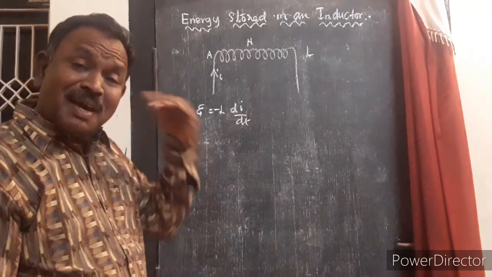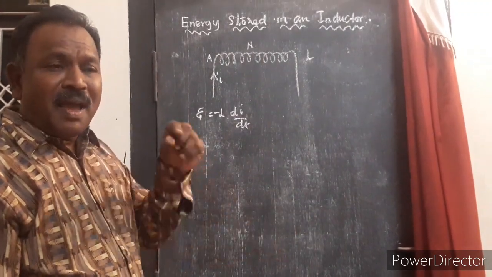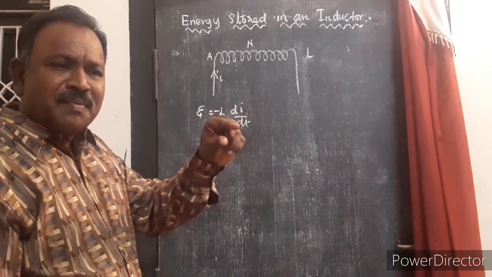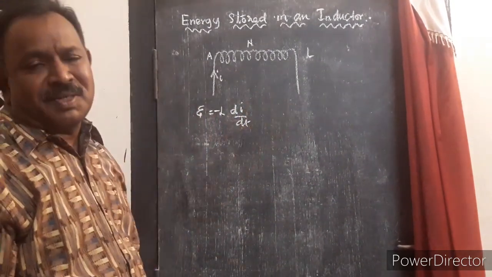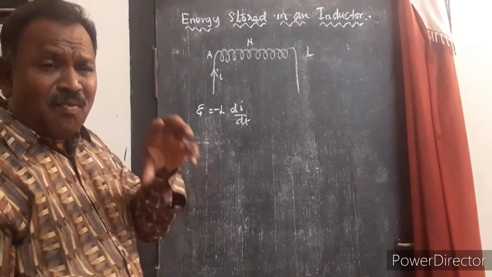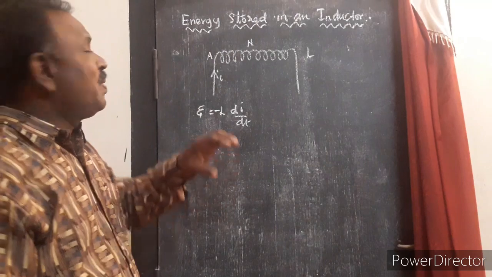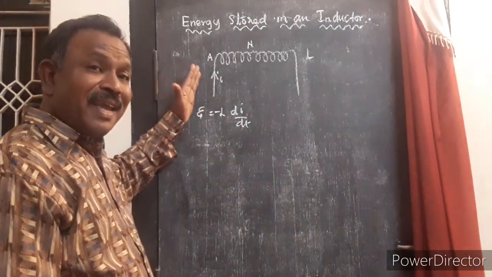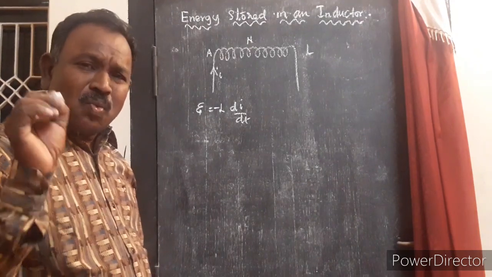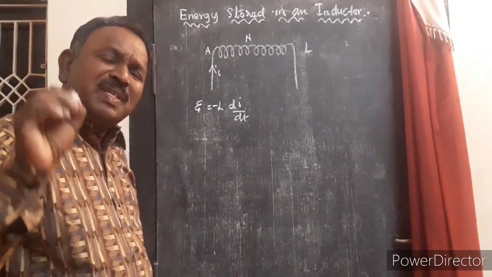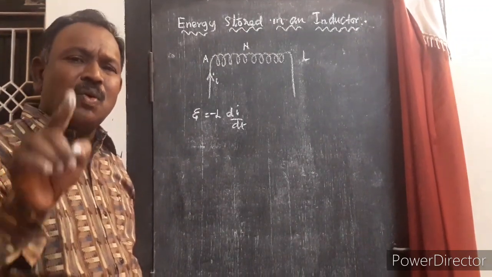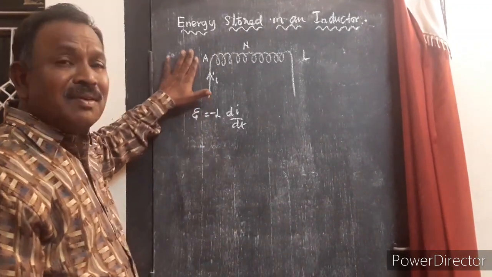To establish current in the circuit, I have to do work to move the charge, because current is defined as the rate of flow of charge. So I have to do work to take additional current in the circuit. This work done in moving a certain amount of charge in a certain time is stored as magnetic energy in the coil.